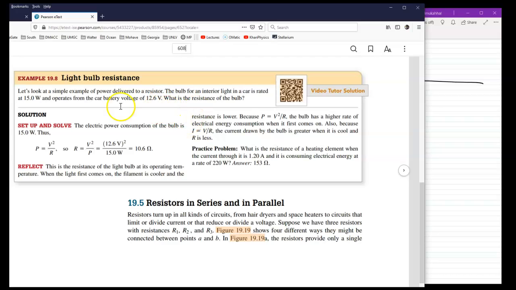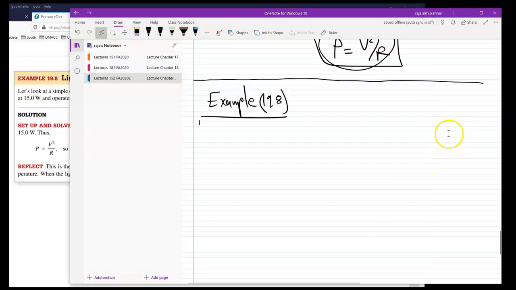All right, here we have the bulb of an interior light in a car rated as 15 watt. So the wattage on the light, like say the dome light in your car, is 15 watts, and it operates from a car battery voltage of 12.6 volt. What is the resistance of the light bulb? Kind of an easy problem. So here you have a light bulb.